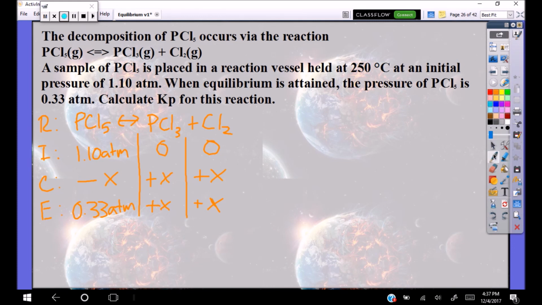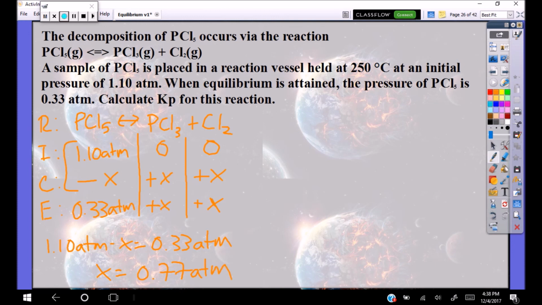Well, the easy thing to do is set this equal to my equilibrium concentration. So I know 1.10 atmosphere minus x is equal to 0.33 atmospheres. Well, you can solve for x. Go ahead and solve for x. All right, x is equal to 0.77 atmospheres.